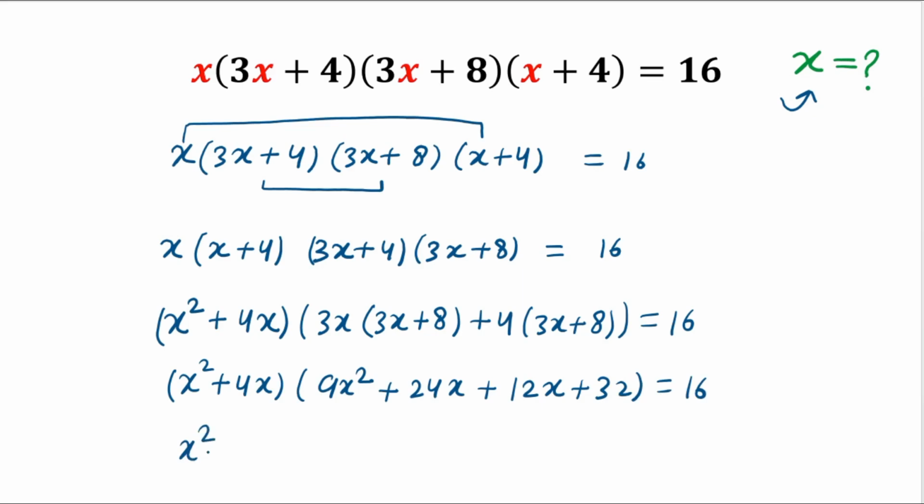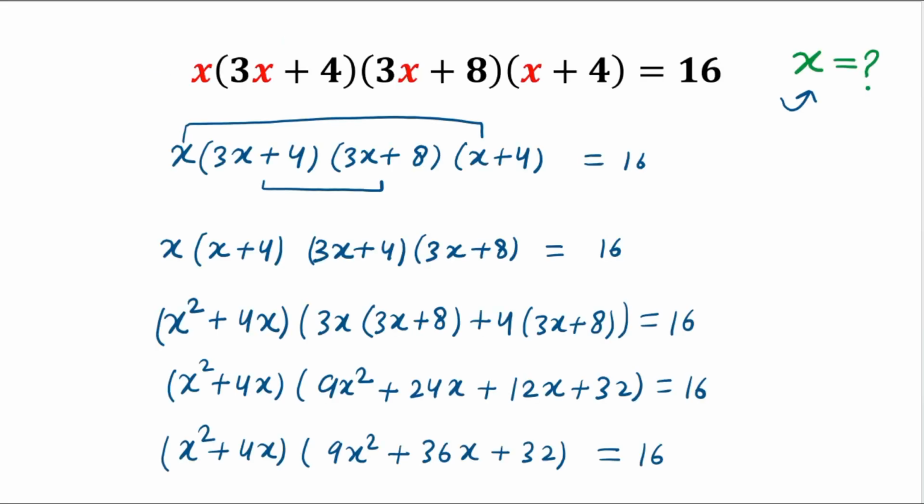X square plus 4x and here 9x square, 24x plus 12x is 36x plus 32, and this is equal to 16.